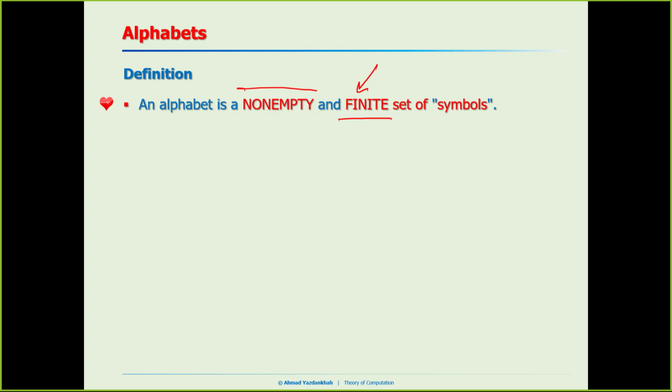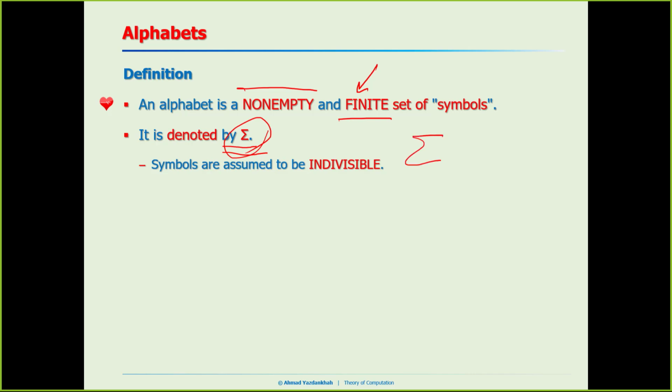So we denote the alphabet set with sigma. So always sigma is the alphabet. And we assume that the symbols should be indivisible. So for example, if you say, okay, I want to use BH as a symbol, it's not a symbol, it's two symbols. It should be indivisible.